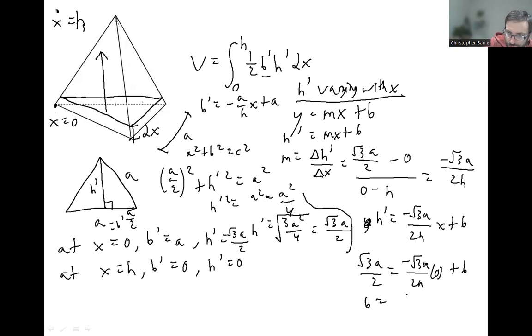So b equals root 3a over 2. So we end up with our equation of a line, H prime, now that we know our slope and our intercept, equals negative root 3a over 2h x plus root 3a over 2.